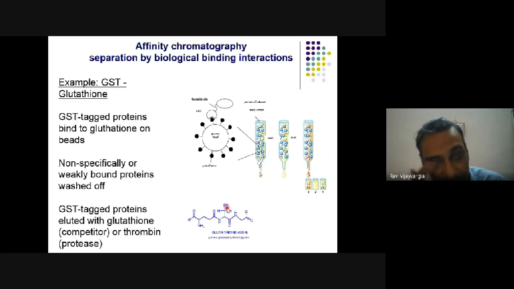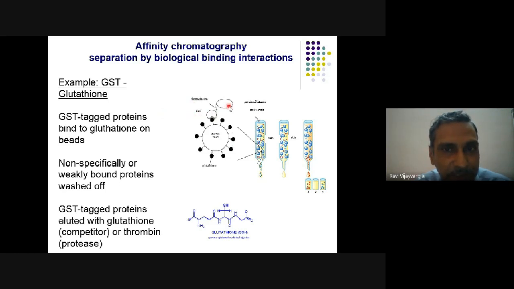This is just an example with an artificial tag. Here you can see a GST tag, which is the glutathione S transferase tag protein. I was mentioning yesterday that sometimes after purification, if you want to get rid of the tag, that also can be done by recombinant DNA technology.